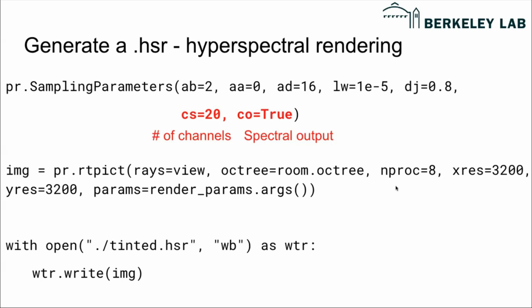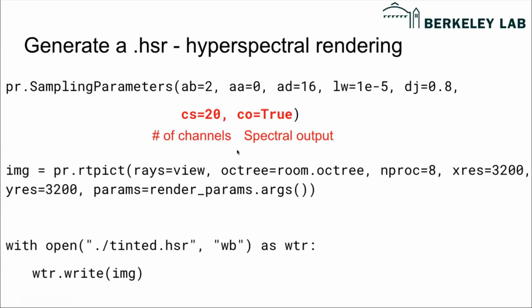And then I'm using an 8 processor, and then this is the resolution of the image, and then params is right here. That's basically the parameters you want your renderings to be. So this is render at ambient bounds 2.